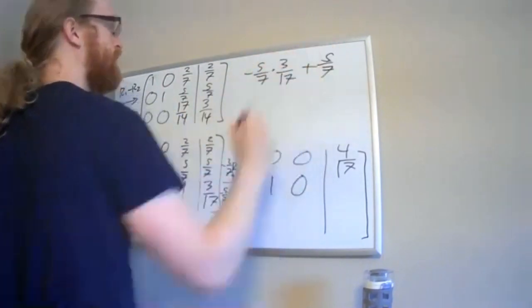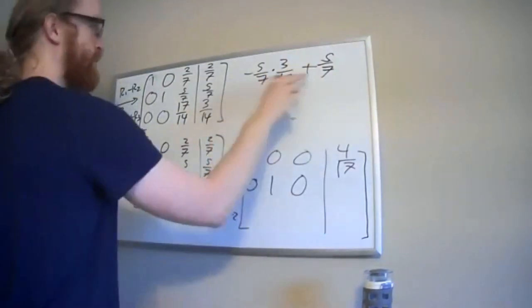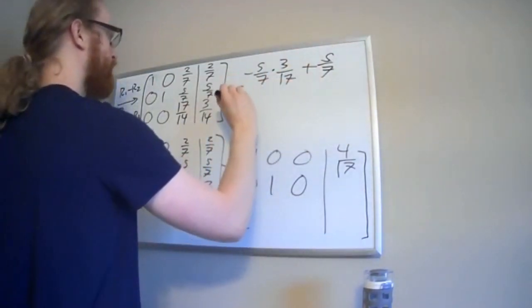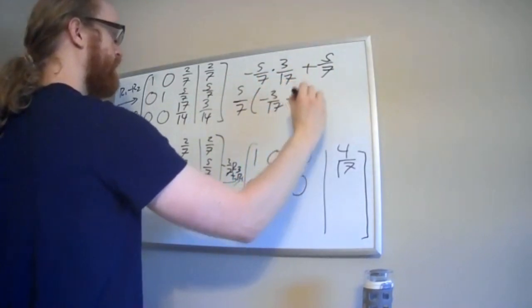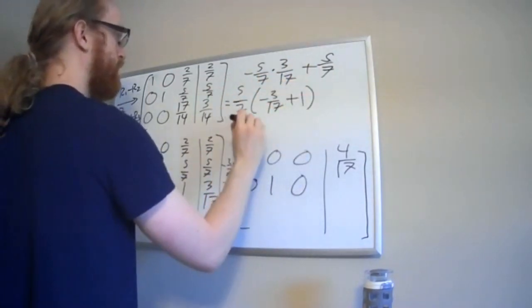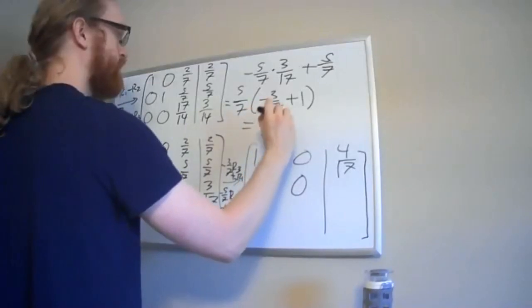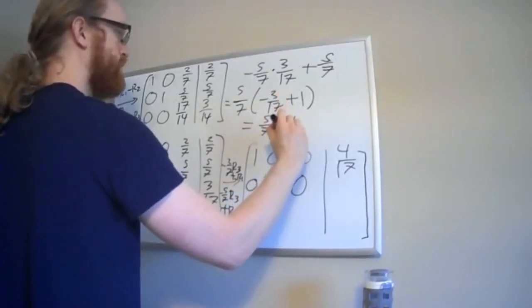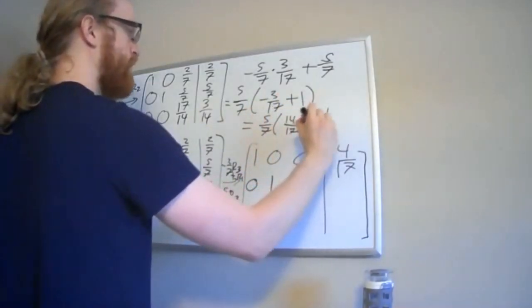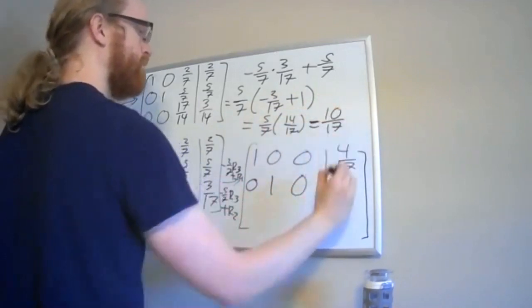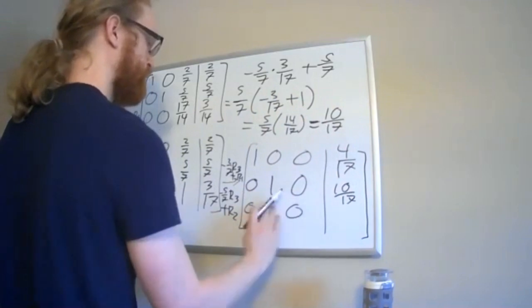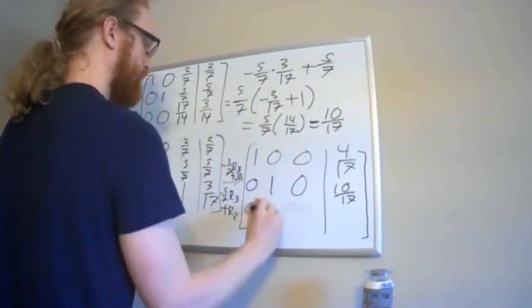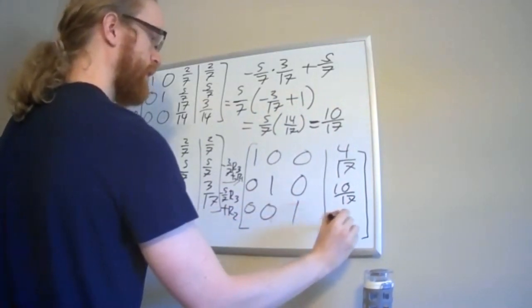If I'm going to do this by hand, I think I would factor out the 5/7s, which leaves me with this. And so this is 5/7 times 14/17 again. So I think we get 10/17. And then, oops, got those mixed up. There we go, like so.